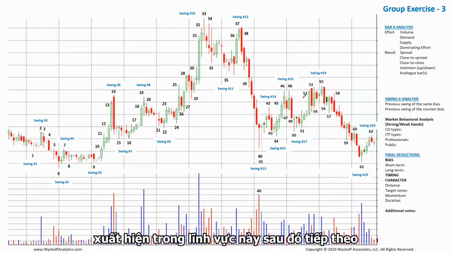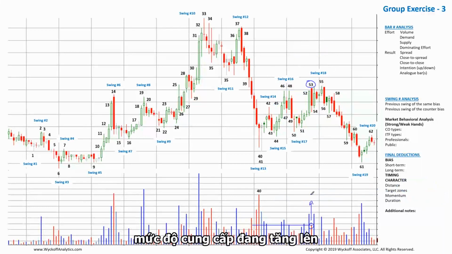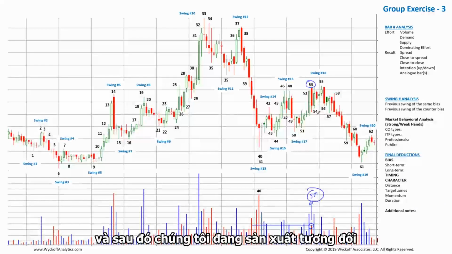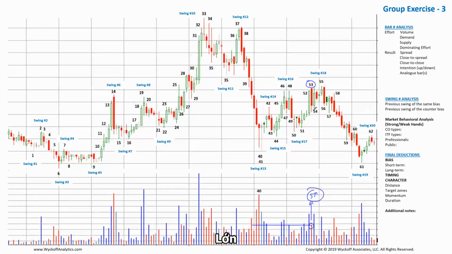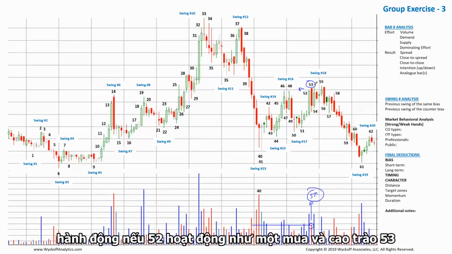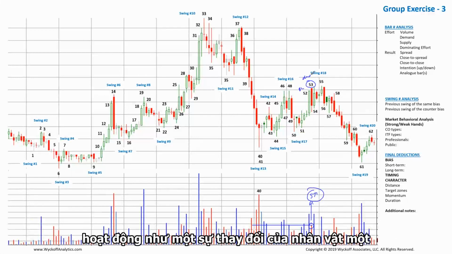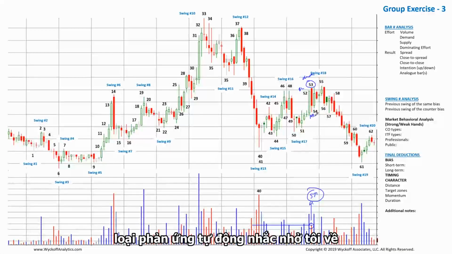emergence in this area. Then the next confirmation is going to be at 53. So 53, look at the level of the supply. The level of the supply is increasing, and then we are producing a relatively big supply bar to the low, and I would be thinking that if 52 acts as a buying climax, 53 acts as a change of character and automatic reaction.